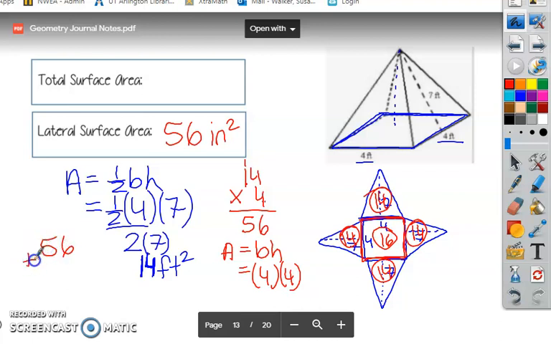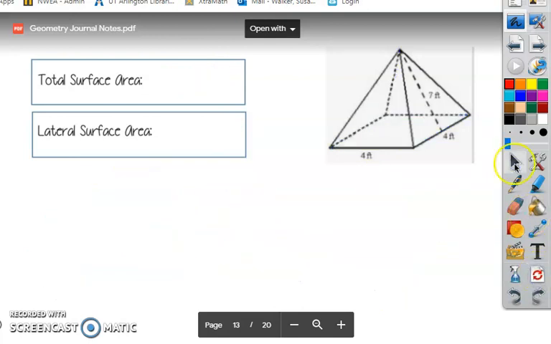Lateral is 56 plus 14. 1 plus 5 is 6, plus 1 is 7. So guys, we have 70 inches squared. And remember, our total surface area should be more than our lateral, right? Because for total, you have to also add the bases, which will be a positive number.